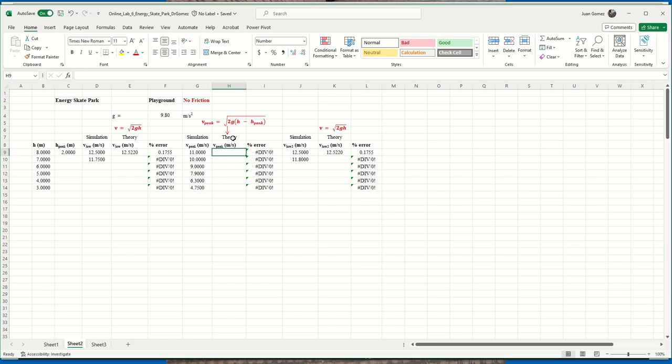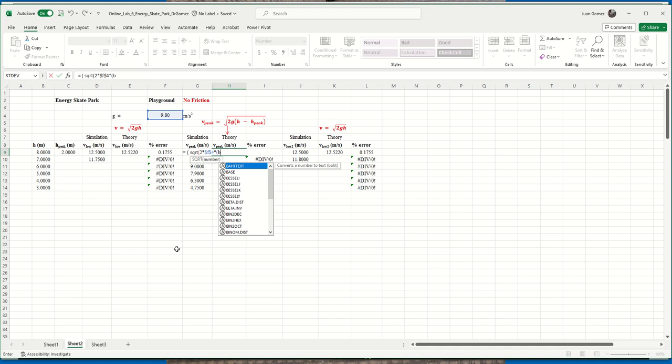So you go to your spreadsheet, H9. You would do equals, parentheses, SQRT, you want the square root, parentheses, 2 times $F$4, then times another left parenthesis. Remember, I want H minus H peak. Well, H is in the B column, so start off with B9.